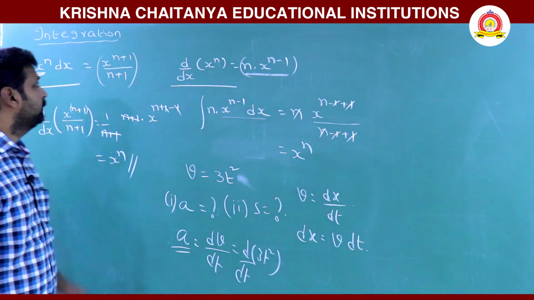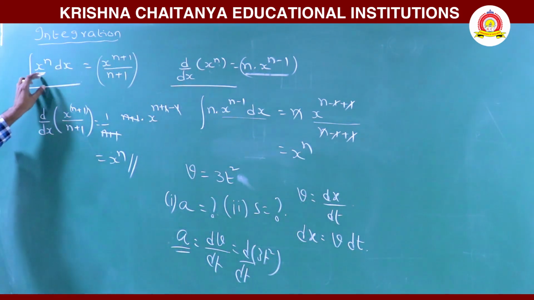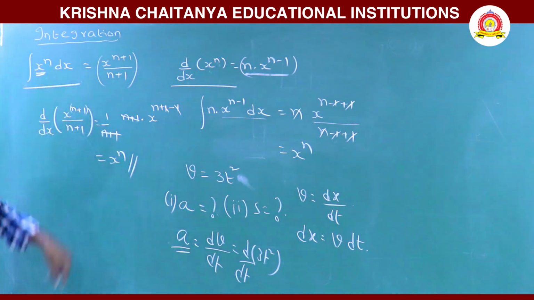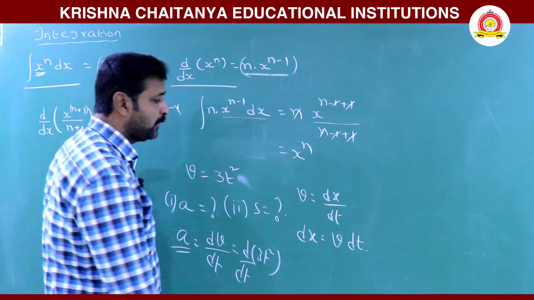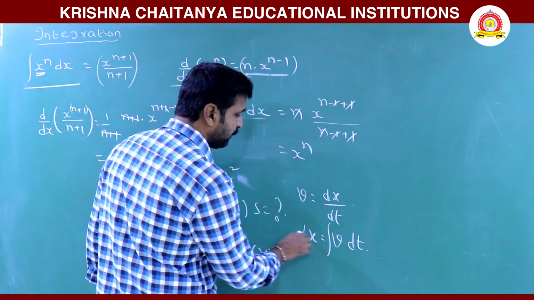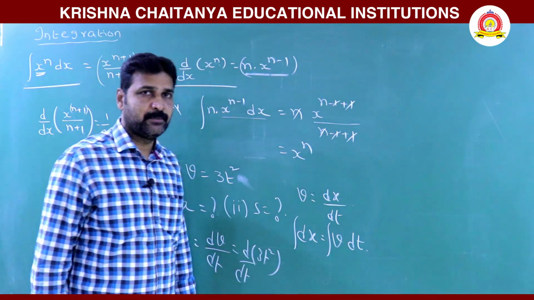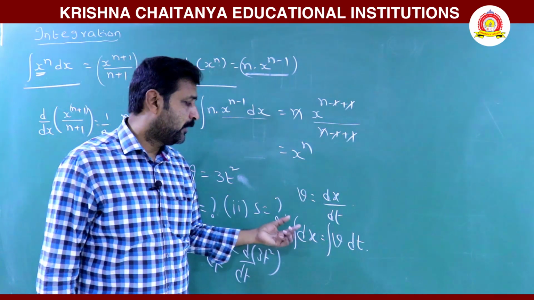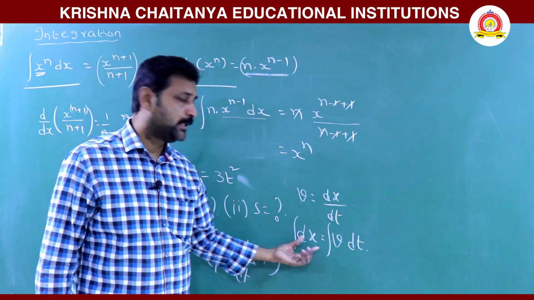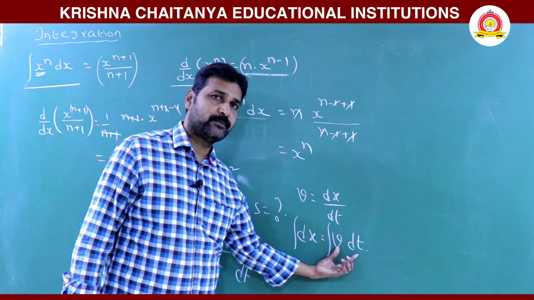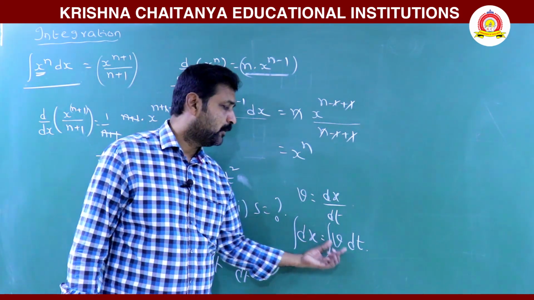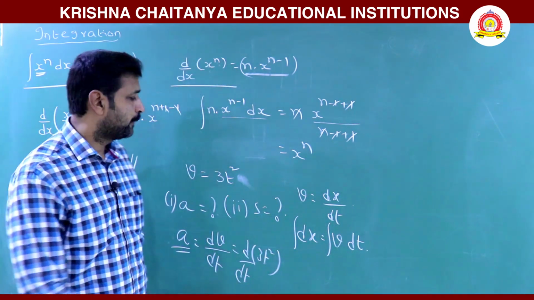If you look here, it is in the form x power n dx. So in order to get the total displacement, what you have to do is take the integral symbol. So when the value you have to find is in a product, then you have to go for integration.